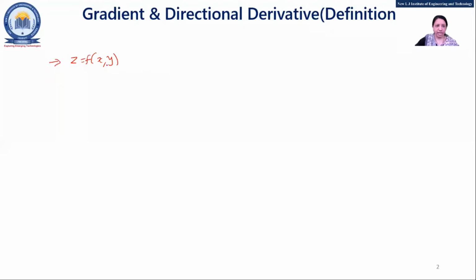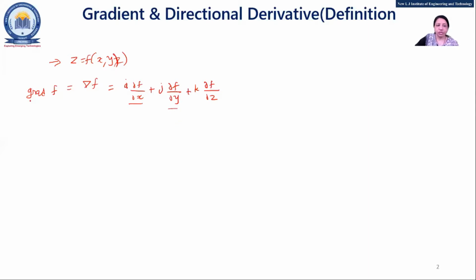If there is a function z equal to f of x, y, then the gradient f can be written as: grad f equal to i into del f by del x plus j into del f by del y plus k into del f by del z, if our function is in terms of x, y, z. Here it is partial differentiation of the function with respect to x, and j del f by del y, again partial differentiation.